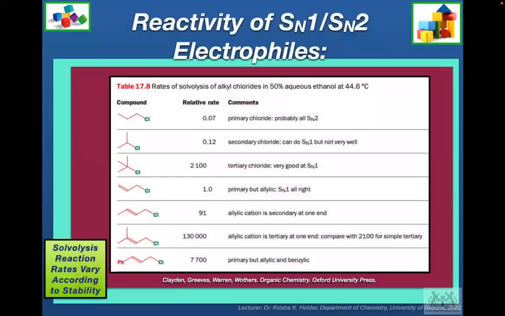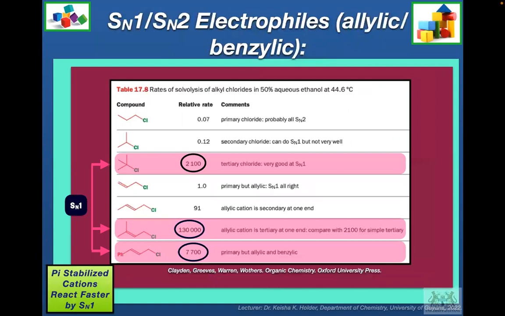The reactivity of our SN1 and SN2 electrophiles varies depending on the electrophile that you're interacting with. So at the top you can see that we have a number of them, but what we see is that at the top we have a primary alkyl halide, which comes in the form of propyl chloride, right?